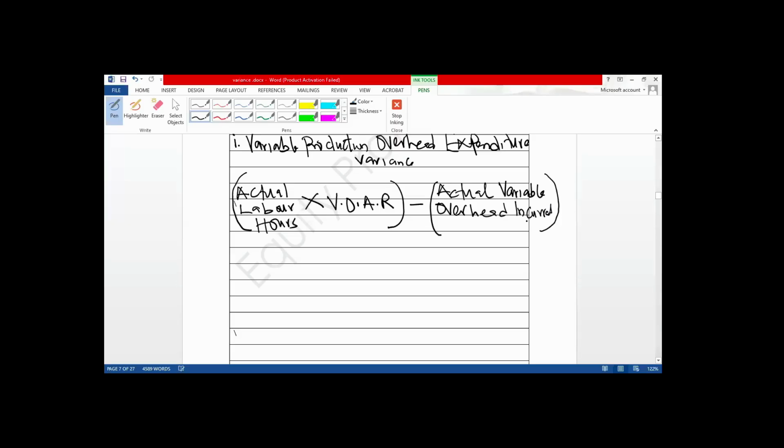This is how to calculate variable overhead expenditure variance.